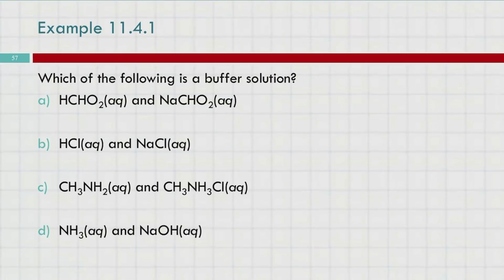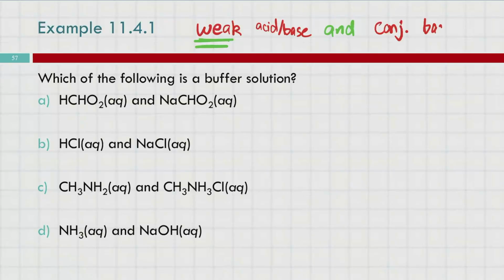Which of the following is a buffer solution? So as a reminder, for a buffer solution, we need a weak acid or base. It has to be weak, it cannot be strong. And a conjugate base or acid.